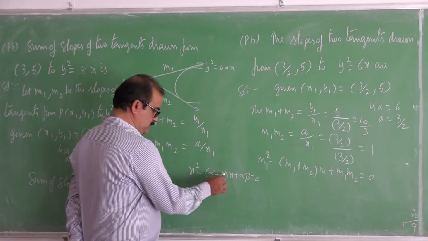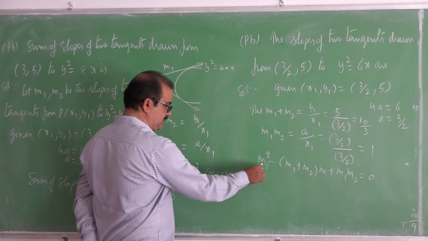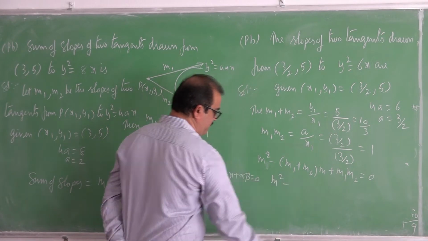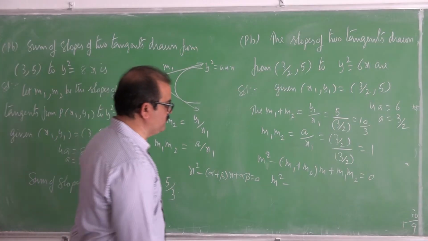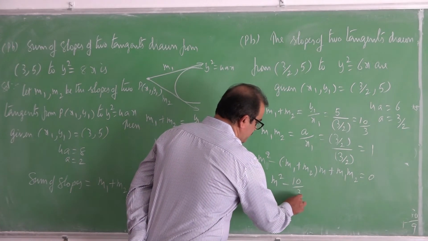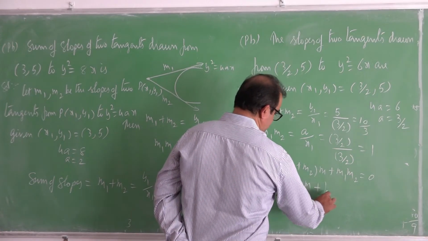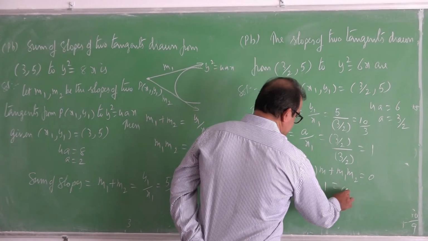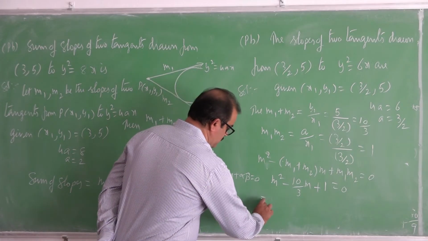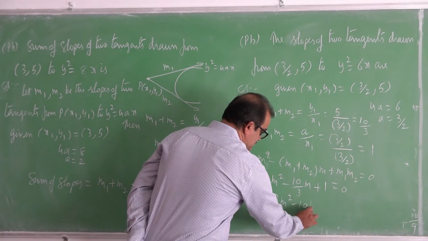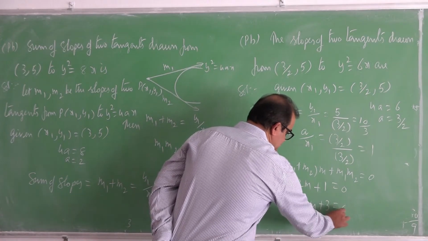Here roots are m1 and m2, so the equation is m square minus 10 by 3 into m plus 1 is equal to 0. Now take LCM, we get 3m square minus 10m plus 3 is equal to 0.